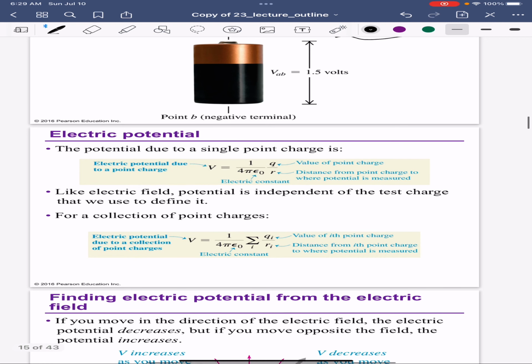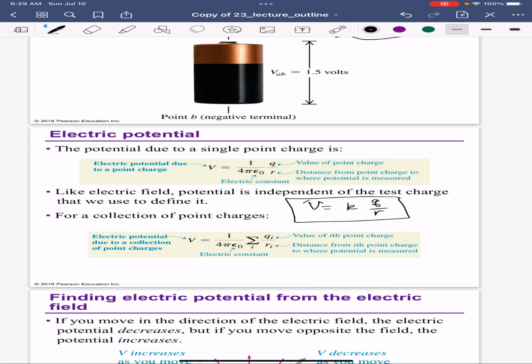The electric potential due to a single point charge is V equals 1 over 4 pi epsilon naught times Q over R, or as I said, V equals K Q over R, where R is the distance between the charge and the point at which you wish to calculate the electric potential.